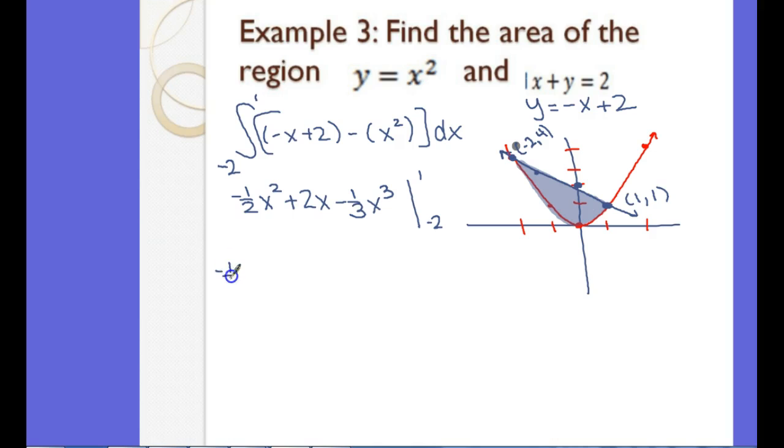So you have negative 1/2 plus 2 minus 1/3, minus anything negative squared is positive, so you get 4. 4 divided by 2 is 2, so you get negative 2. Negative times the positive gave you a negative 4, and negative 2 cubed is negative 8. But then you have the negative 1/3, so you get positive 8/3.